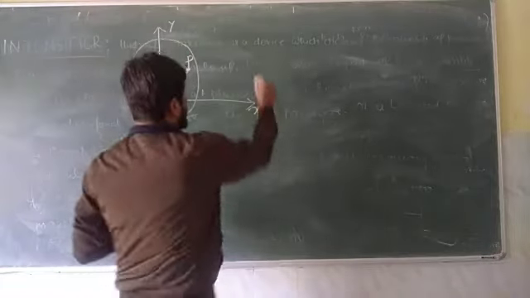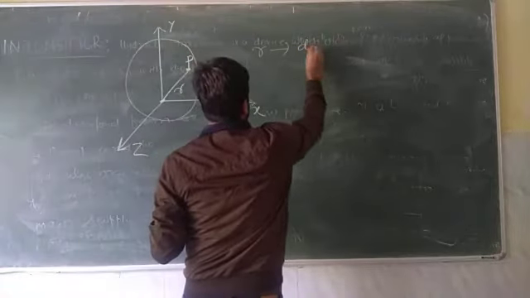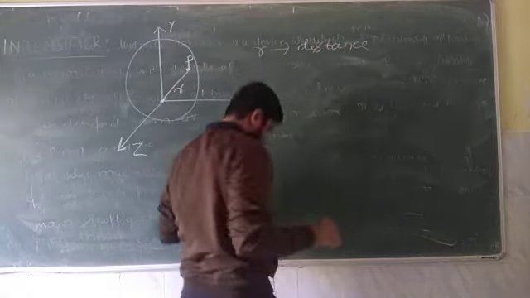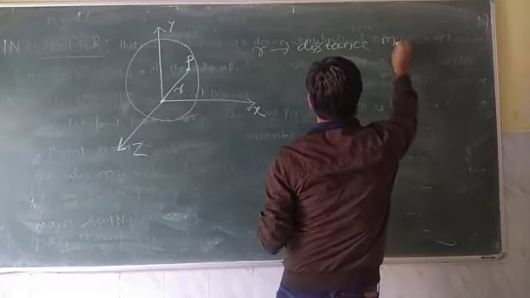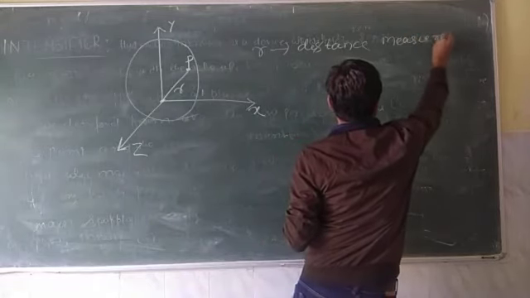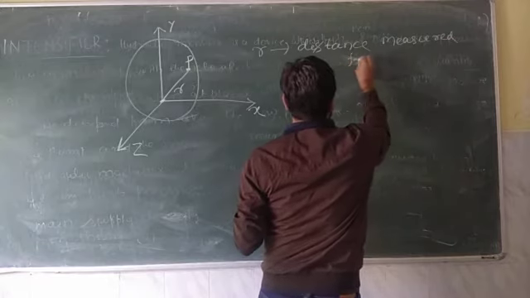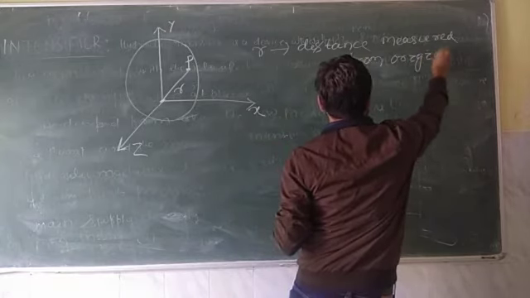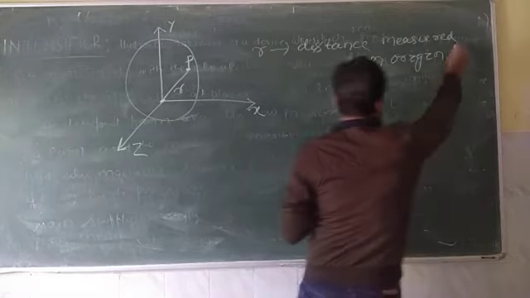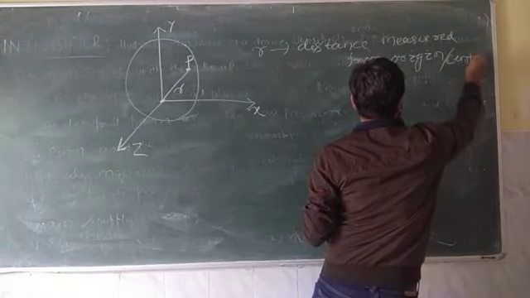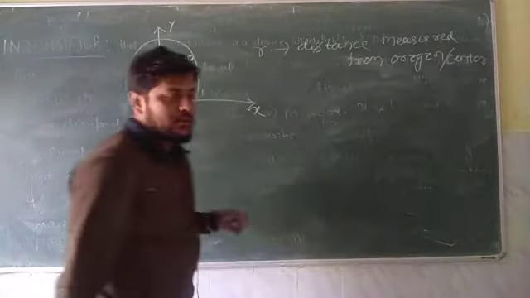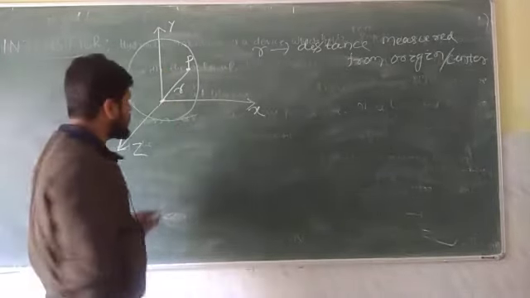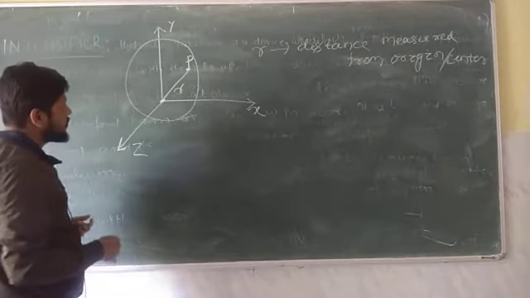So r is nothing but the distance measured from the center of the sphere, or origin. From the center to any point the distance is r, and that is known as the radius of the sphere.